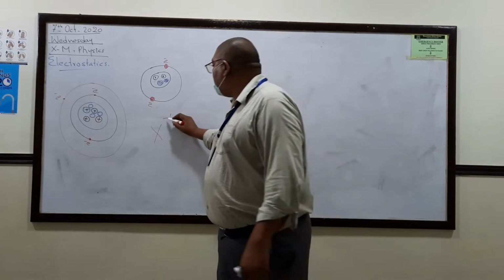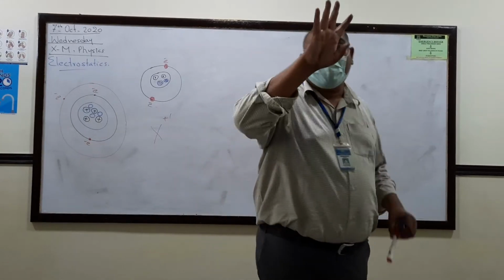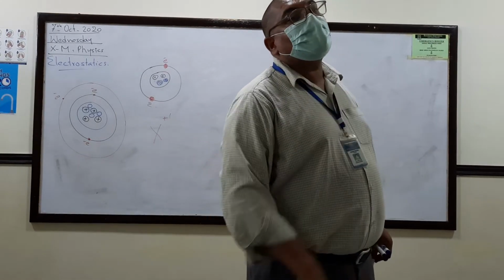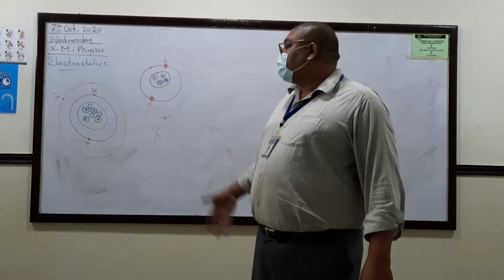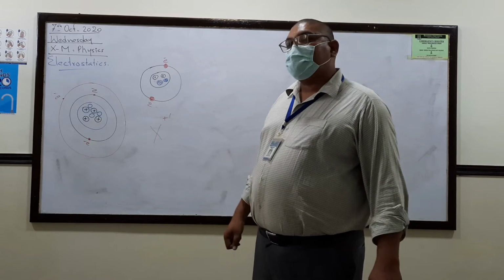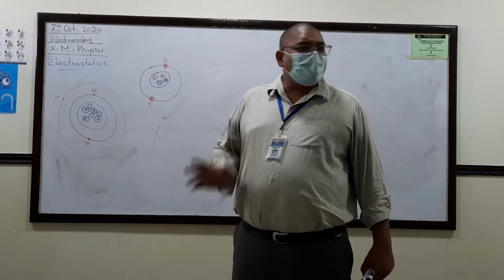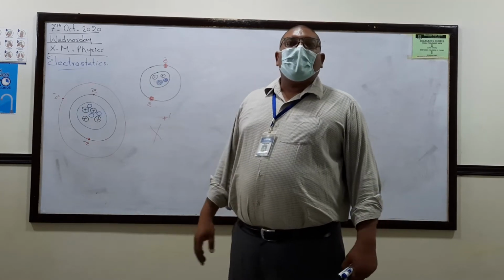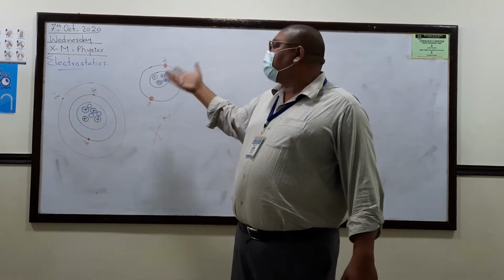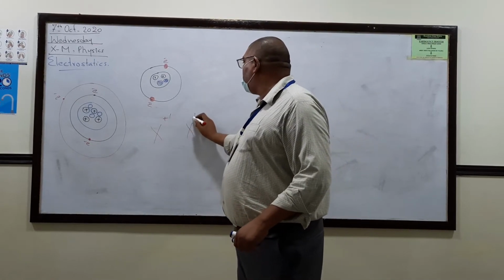Oh, sorry, a +1. Because now it has 4 protons but only 3 electrons. 4 positive but 3 negative. So it will become a +1. If it loses 2 electrons by any method, by any trick, then it will become +2.